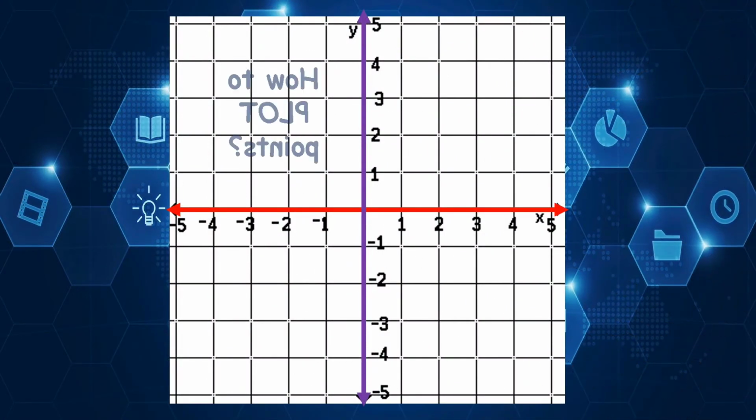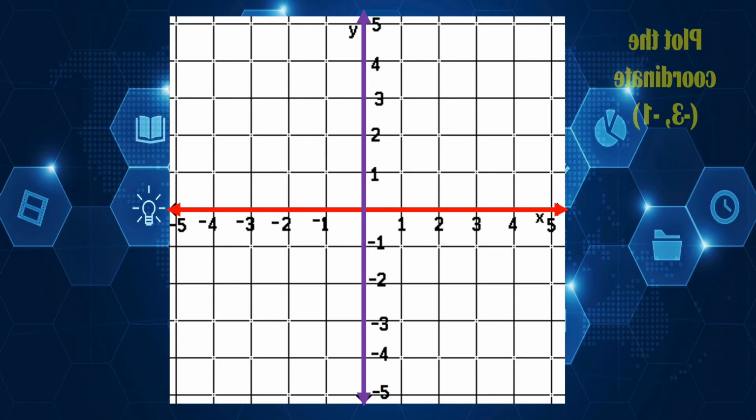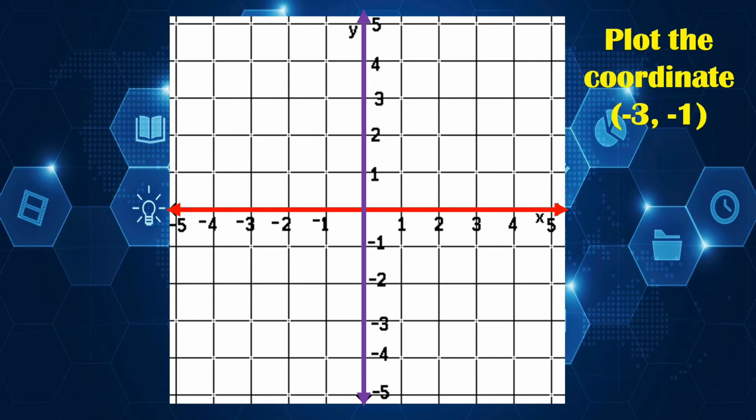How are we going to plot points? Suppose you are asked to plot coordinate -3 and -1. So our x coordinate is -3 and our y coordinate is -1. Now look at your x-axis. -3 can be found at this point, and -1 can be found on the y-axis at that point.